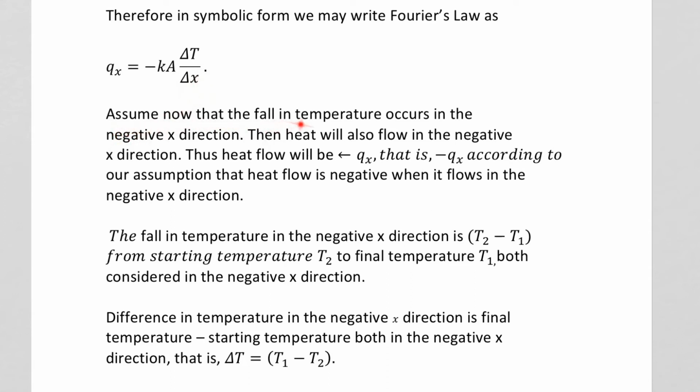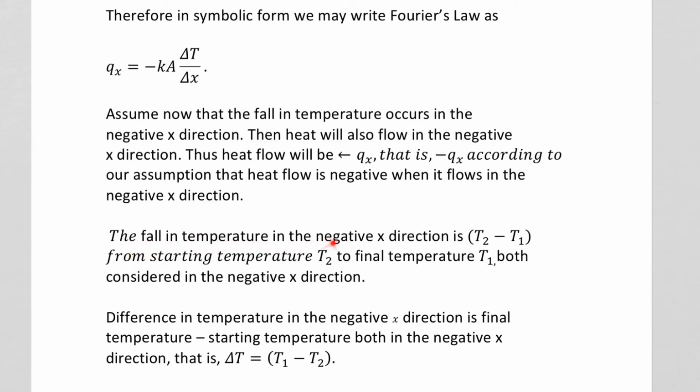Assume now that the fall in temperature occurs in the negative x direction. Then heat will also flow in the negative x direction. Thus, heat flow will be denoted by minus Qx, according to our assumption that heat flow is negative when it flows in the negative x direction.